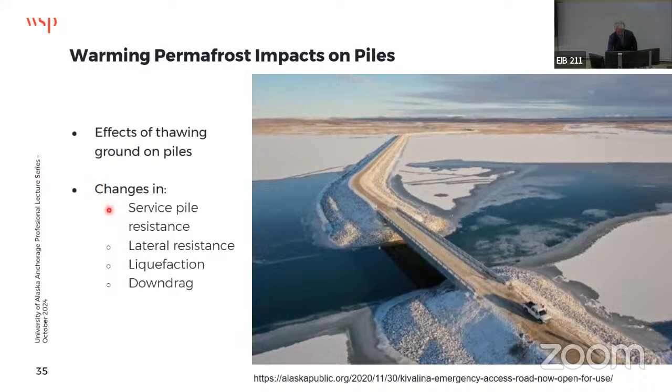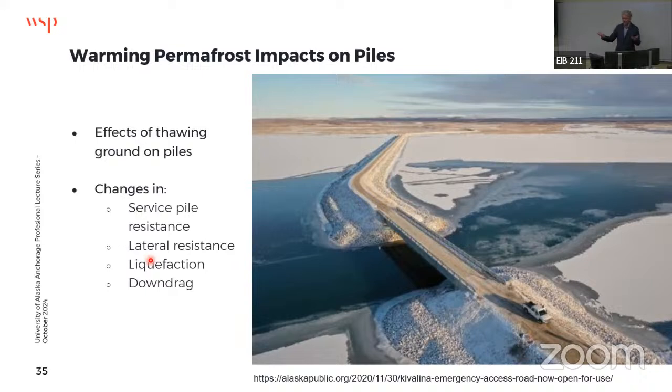And so what we found was that you have a significant change in the surface resistance for the piles. You have lateral resistance changes, right, as your layers soften. You also have liquefaction and then potentially downdrag that causes all this pile interaction and challenges for the pile.